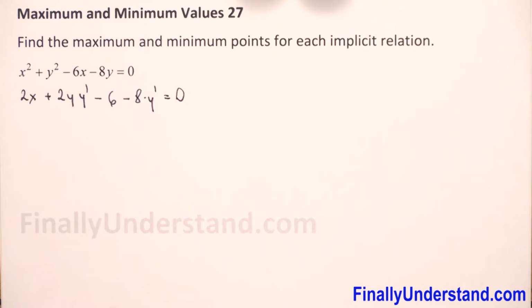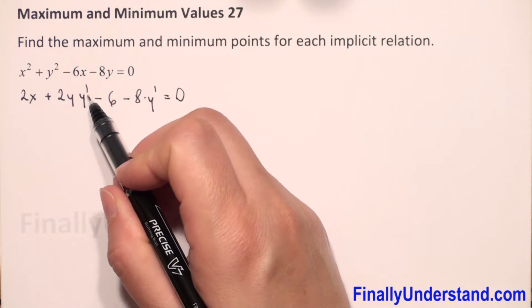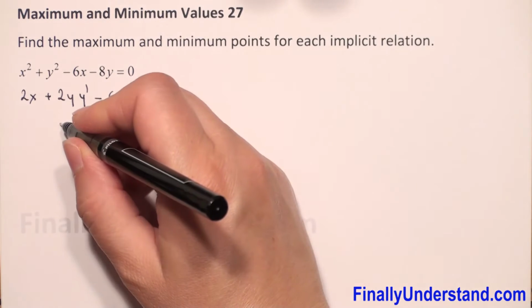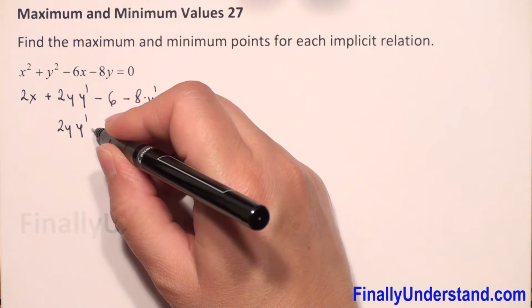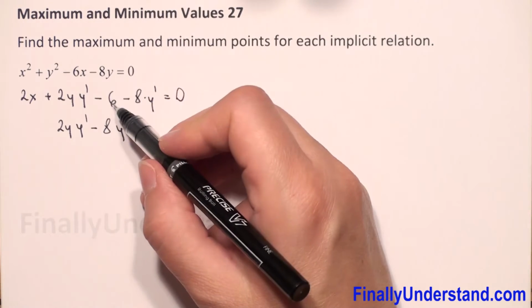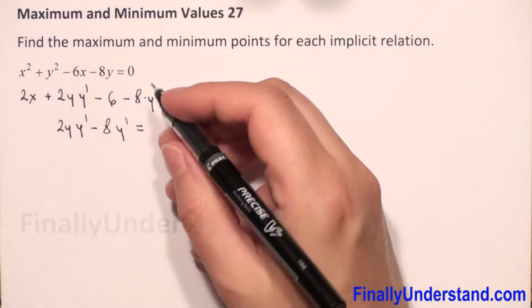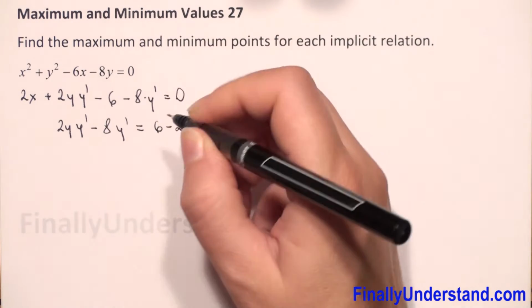So now I will keep the expression with y prime on the left side, so it will be 2y y prime minus 8y prime, and this is equal to, I will move negative 6 and 2x to the right side, so it will be 6 minus 2x.